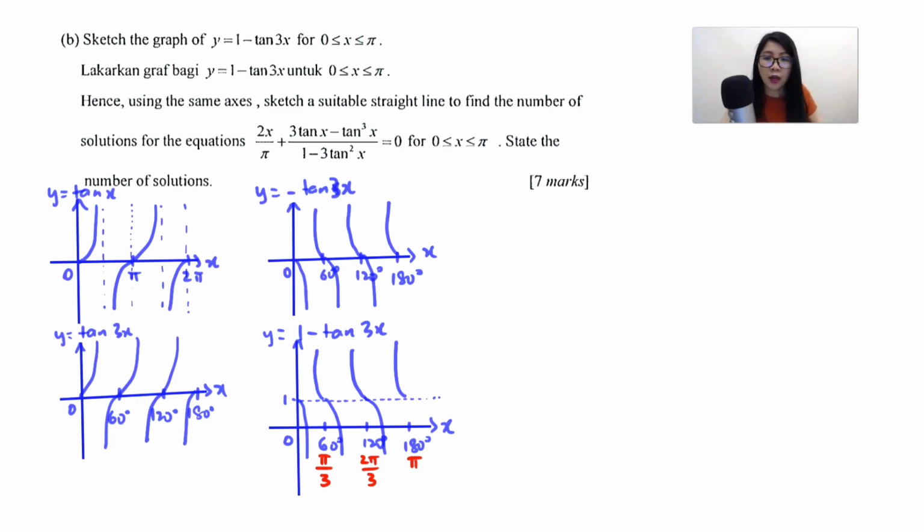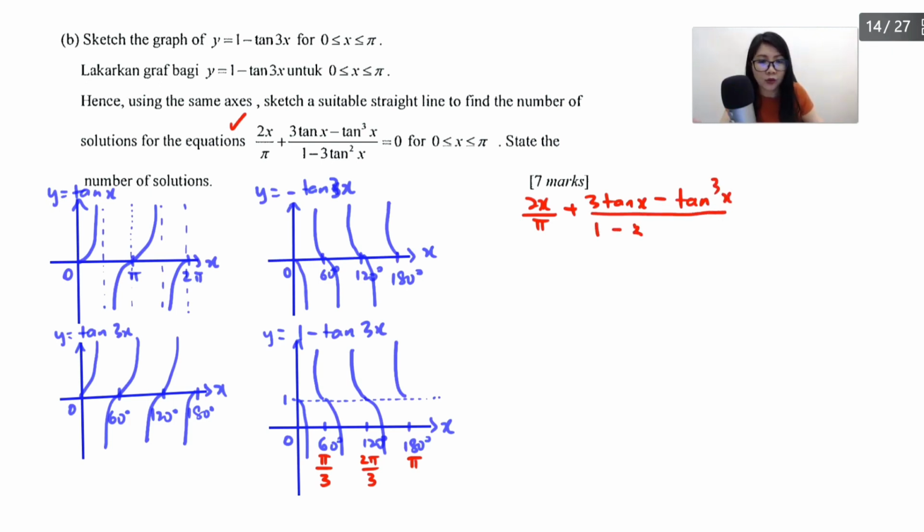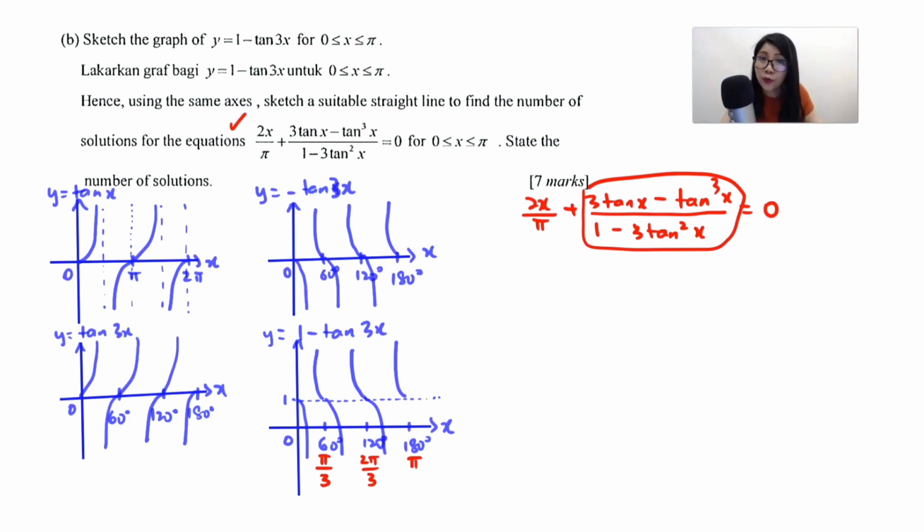Okay, so now to answer this question, I'm going to write the working. We have to do some working. Okay, so 2x over pi, plus 3 tangent x minus tangent cube x, over 1 minus 3 tangent square x, equals 0. So we know that this whole thing that we found in part A just now was tangent 3x, the one that we have proven just now.